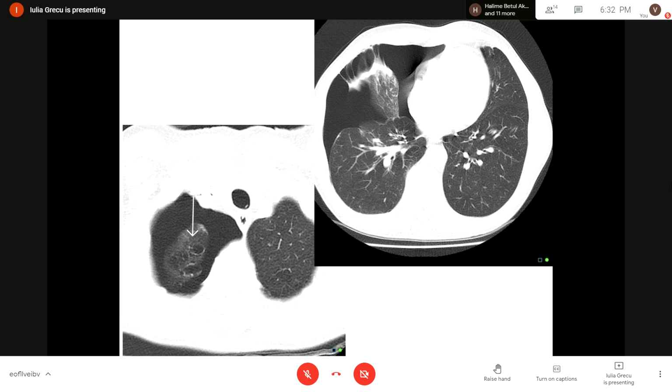So, like in this case, you see some emphysema right under the pleural surface, and one of these bubbles of emphysema could easily rupture and cause a pneumothorax of this size.